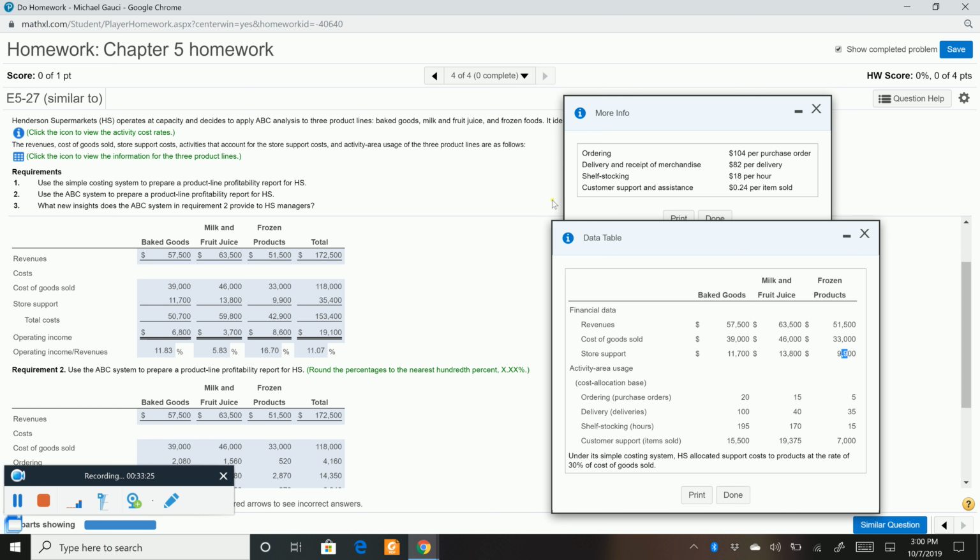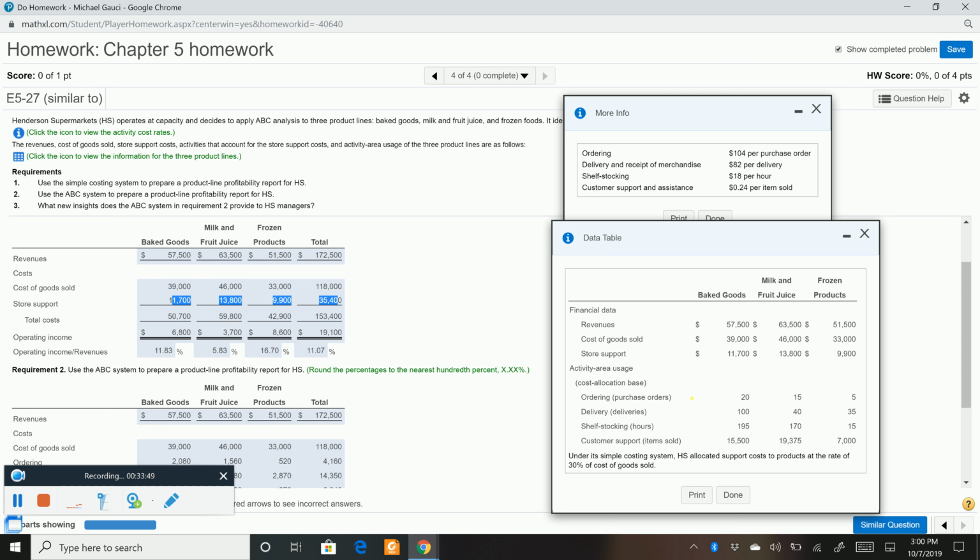Number 1, ordering, number 2, delivery, number 3, shelf stocking, and number 4, customer support and assistance. And so we want to use an activity-based costing system to better allocate our store support. And so we're going to gather information.